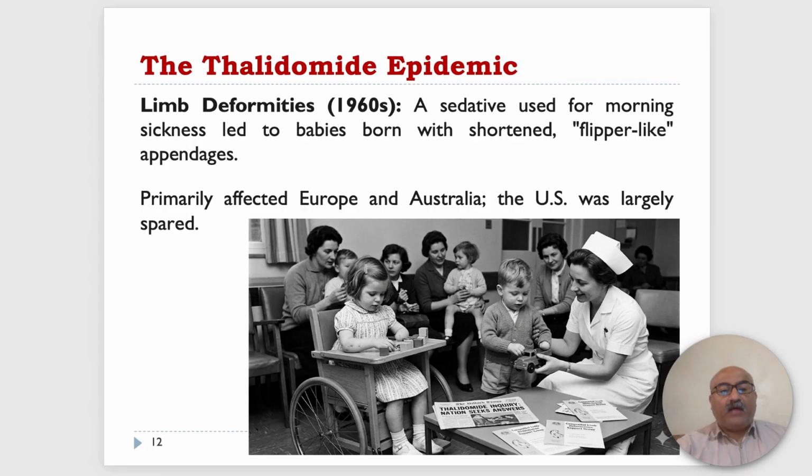Tragically, it was a potent teratogen. It interrupted limb development, leading to thousands of babies being born with shortened, flipper-like arms and legs. This primarily devastated Europe and Australia.